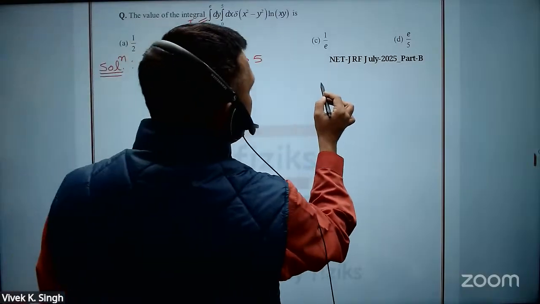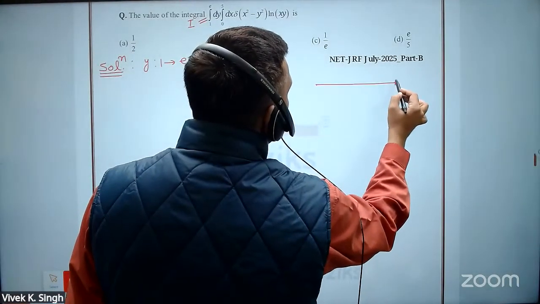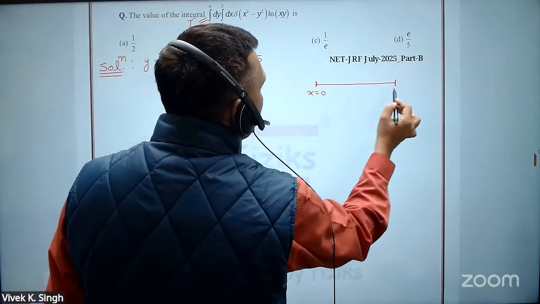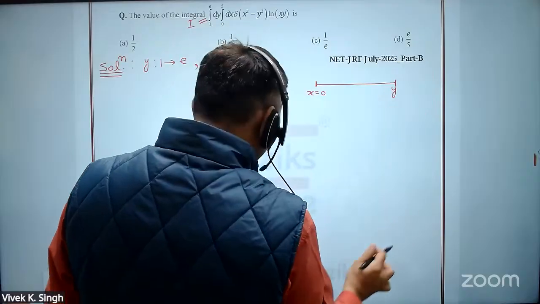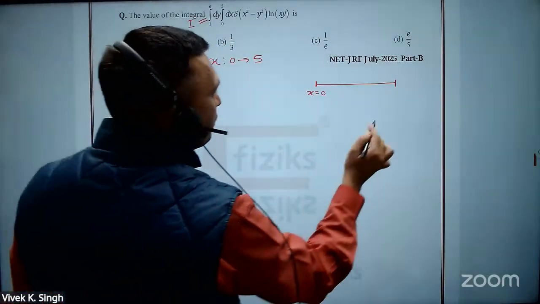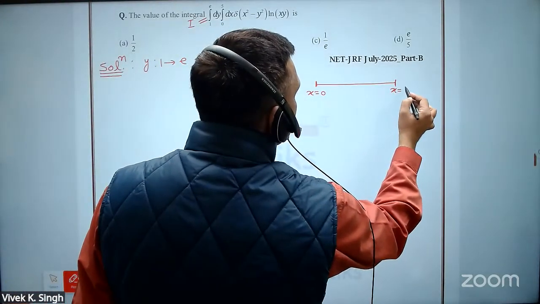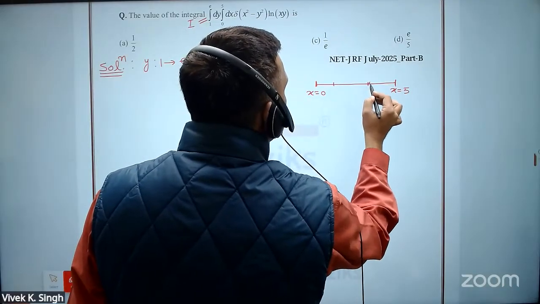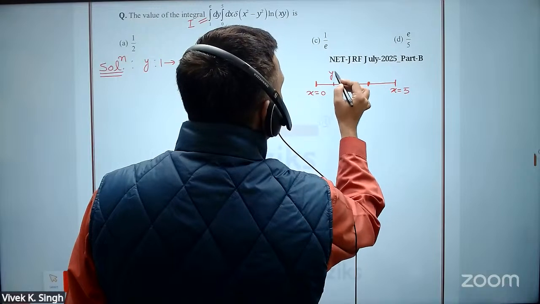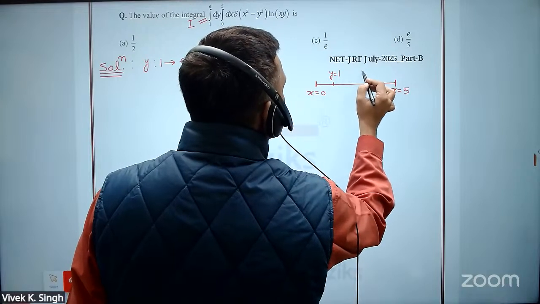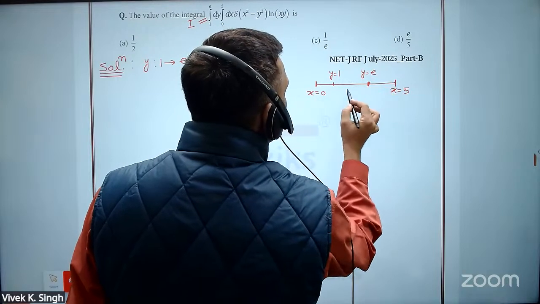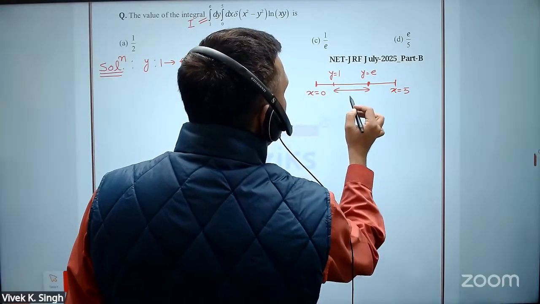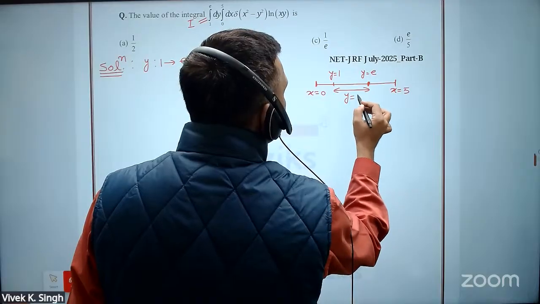If you take x, the x value is 0 and the x value is 5. So y lies between 1 and e.